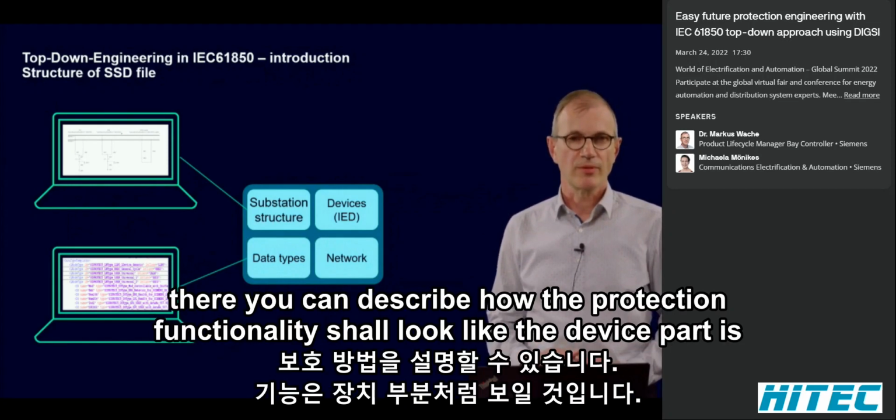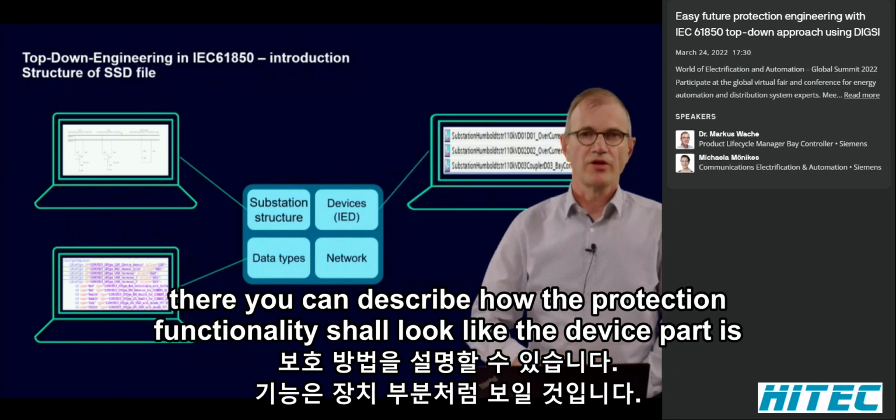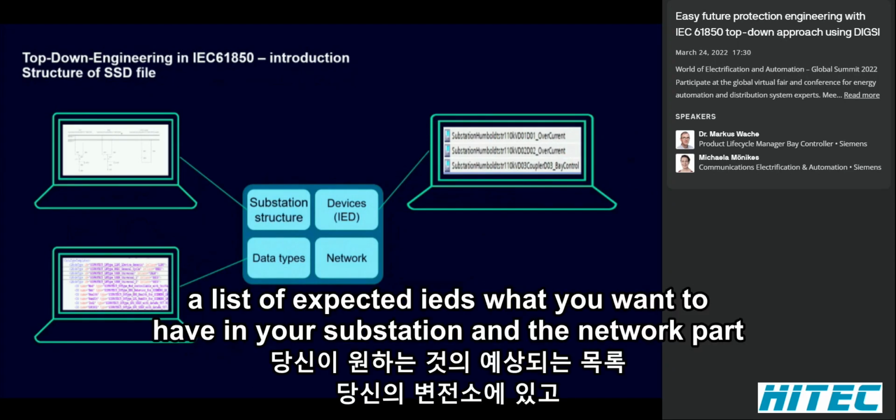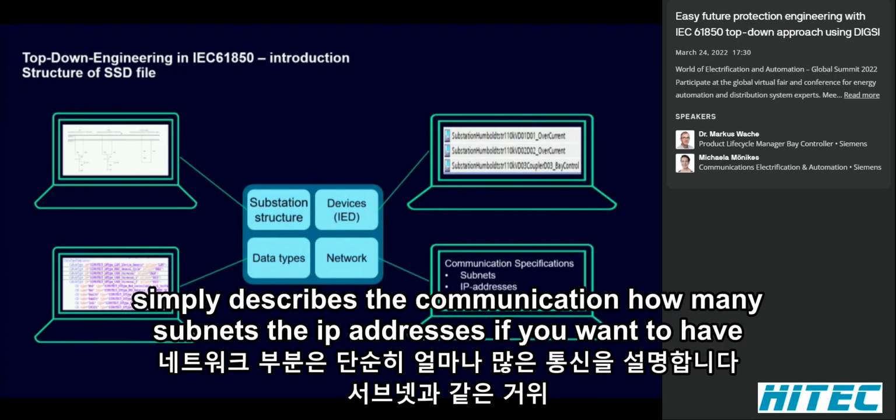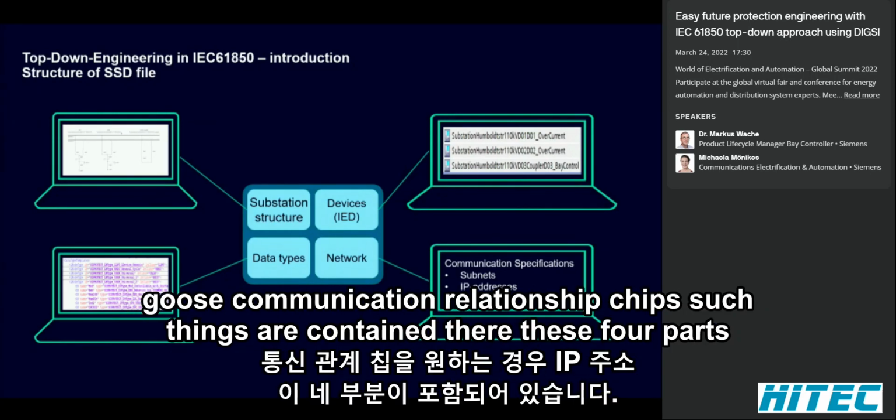There you can describe how the protection functionality shall look. The device part is a list of expected IEDs, what you want to have in your substation. And the network part simply describes the communication: how many subnets, the IP addresses, if you want to have GOOSE communication relationships. Such things are contained there.